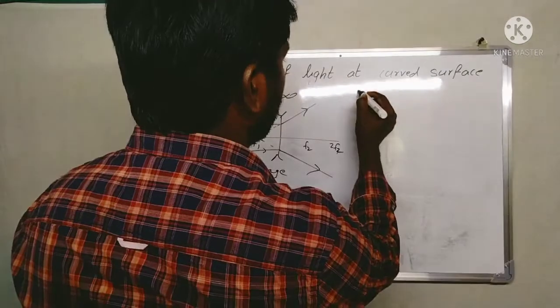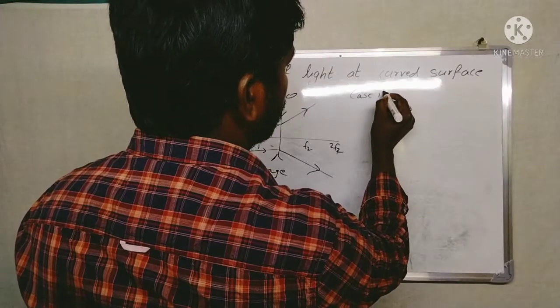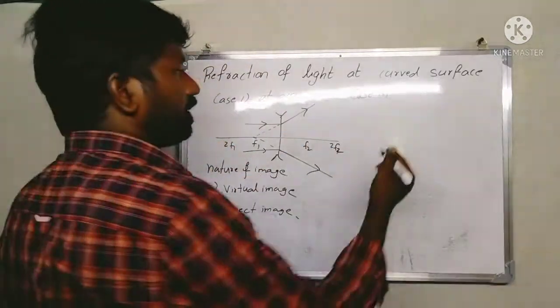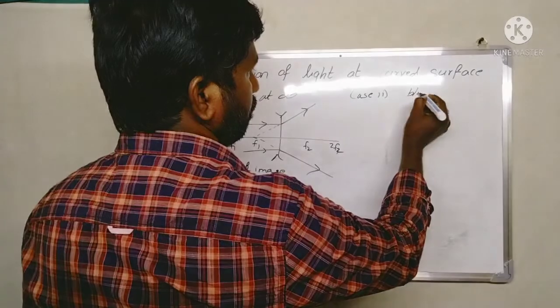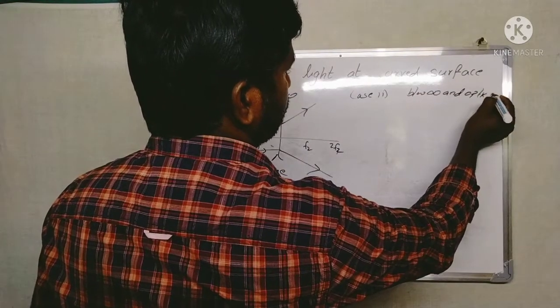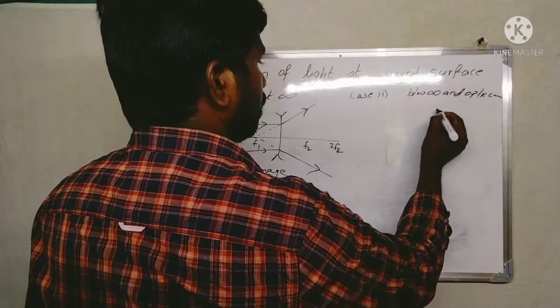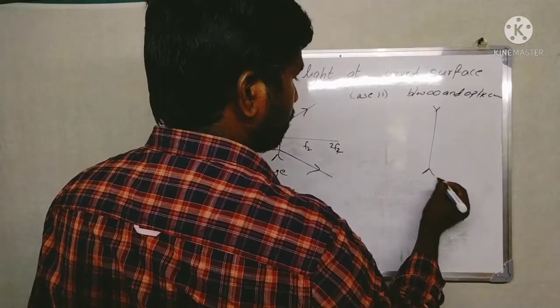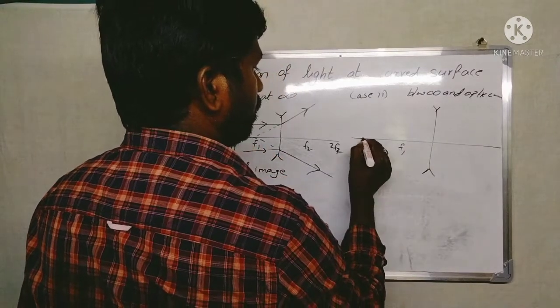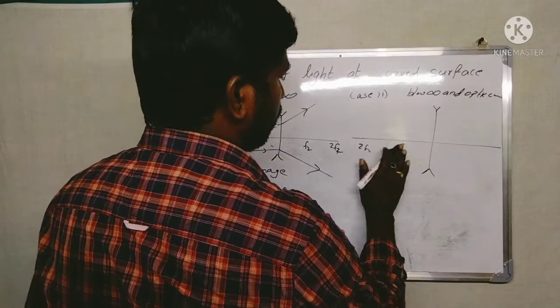And next one, case 2. It's very important. We are keeping the object between infinity distance and optic center. Between infinity and optic center. So now take a lens. This is the position of F1, 2F1 and F2.